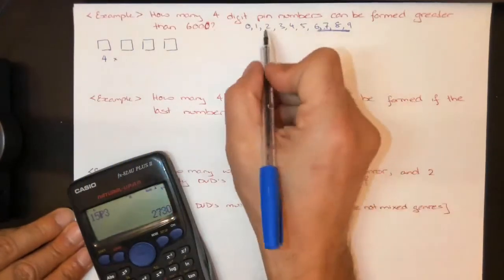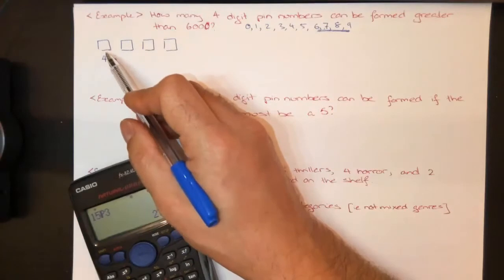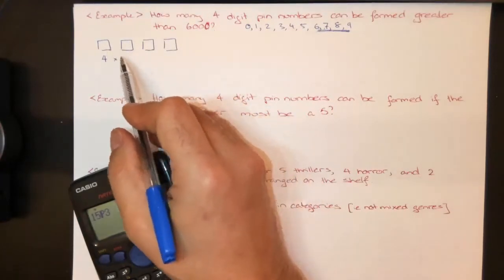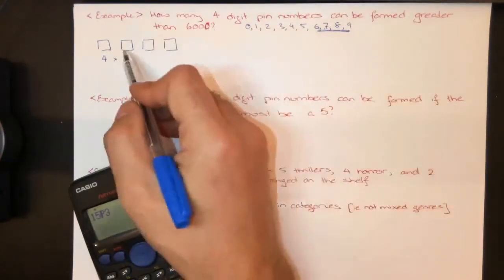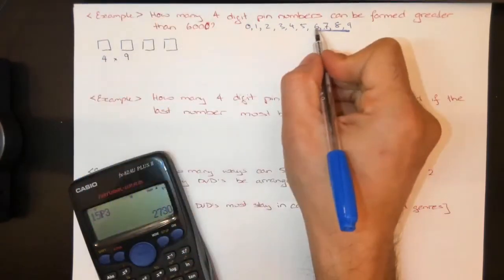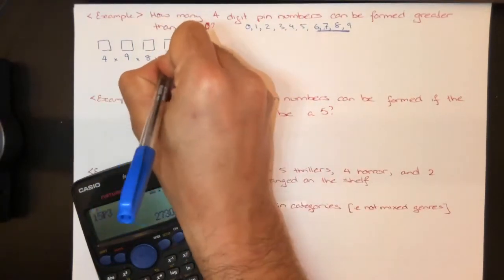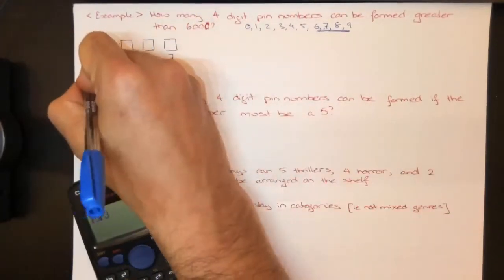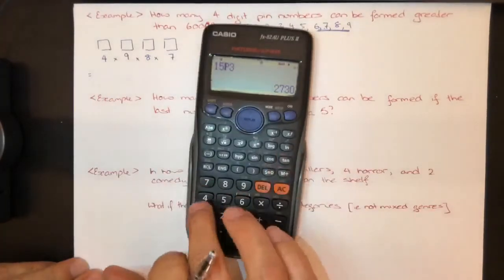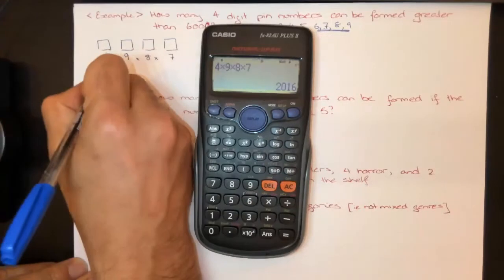And then for the rest of them, once we've got the first position, there would be obviously 9 numbers left. If one of them was taken, there's still 9 others, and then that's 8 times 7. So we can calculate that individually. We can go 4 times 9 times 8 times 7. So that's 2016.